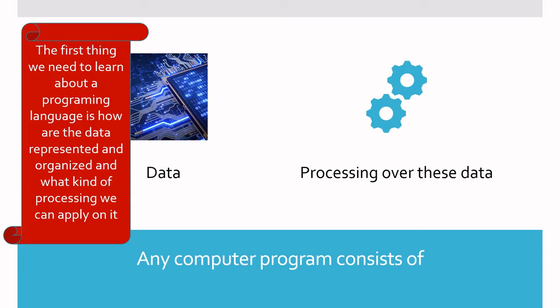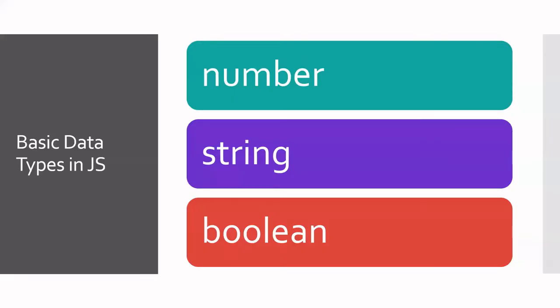Now when we are talking about JavaScript, there are only three basic data types. We can construct more complex data types based on these. We will see that later. But the most basic data types in the language itself are three: number, string, and boolean. That's it.